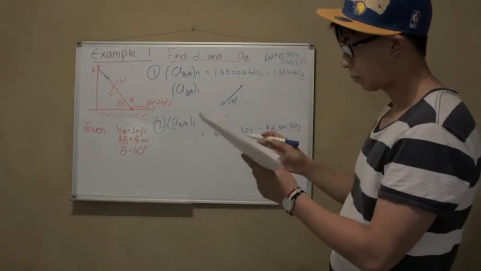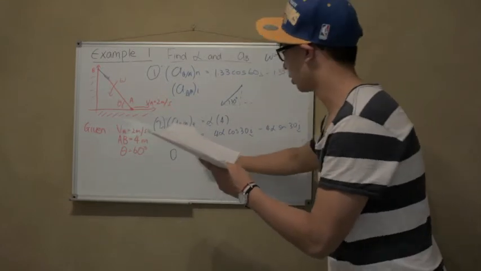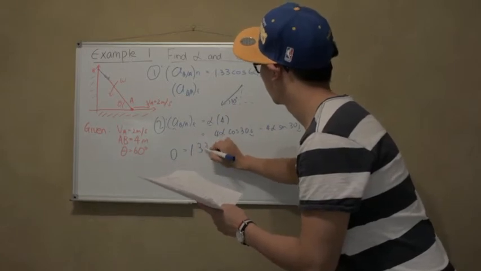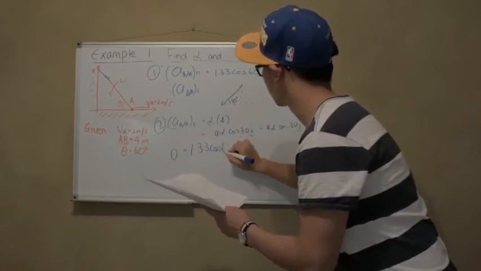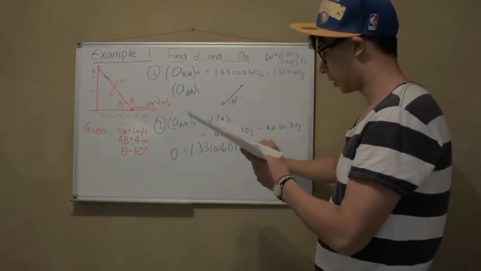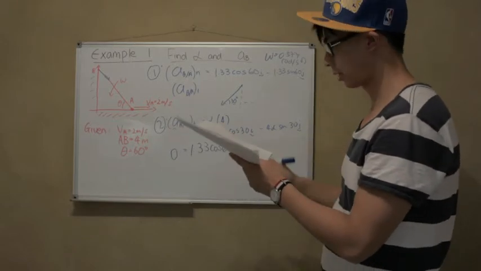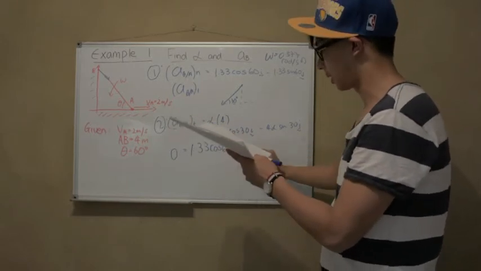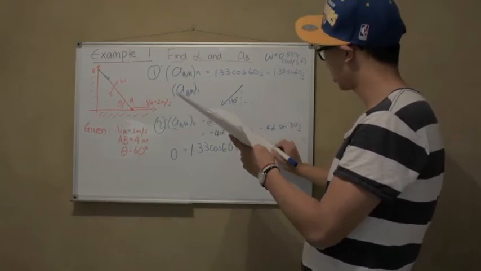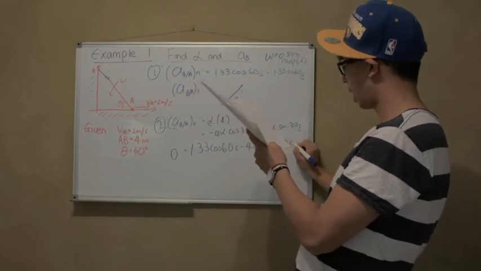If we take the i components only, we can say that 0 is equal to 1.33 cos 60 i plus 4 alpha cos 30 i, taking the appropriate sign.